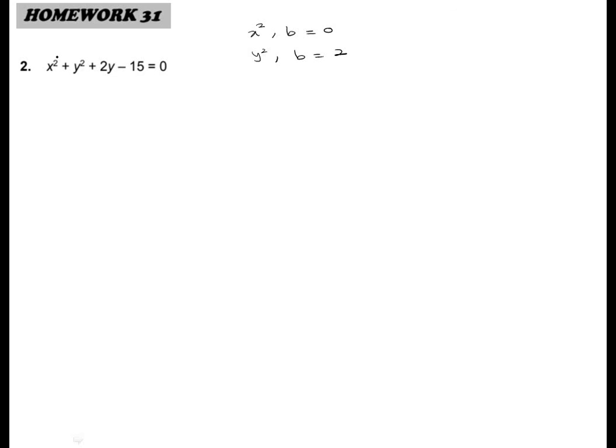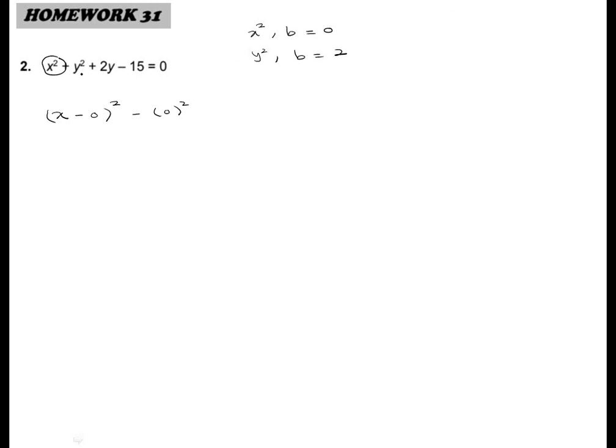Let's do the first step for x. Since our b is 0, we have (x minus 0) squared minus 0 squared.